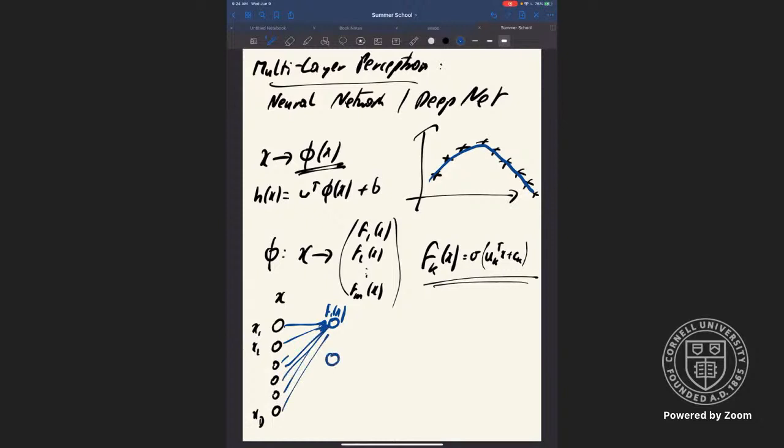Now I have my F2 of X, which again takes all these as inputs. I have my F3 of X, and so on. Let's say I only have a three-dimensional representation here. And then I have my H of X, which takes these as input.